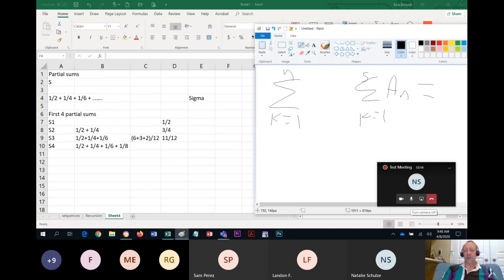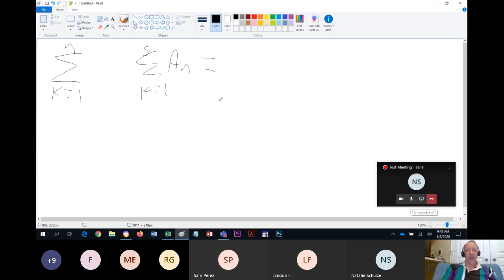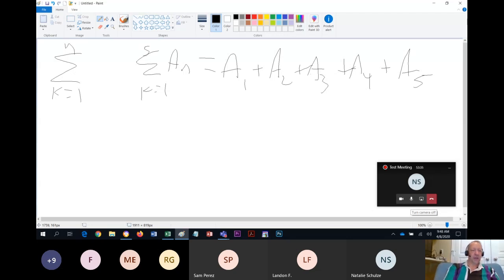So this would equal A sub 1 plus a sub 2 plus a sub 3 plus a sub 4 plus a sub 5. And so this is what we would call summation notation. So let's do an example where I have k equals 1 to 5 of some sequence k squared.